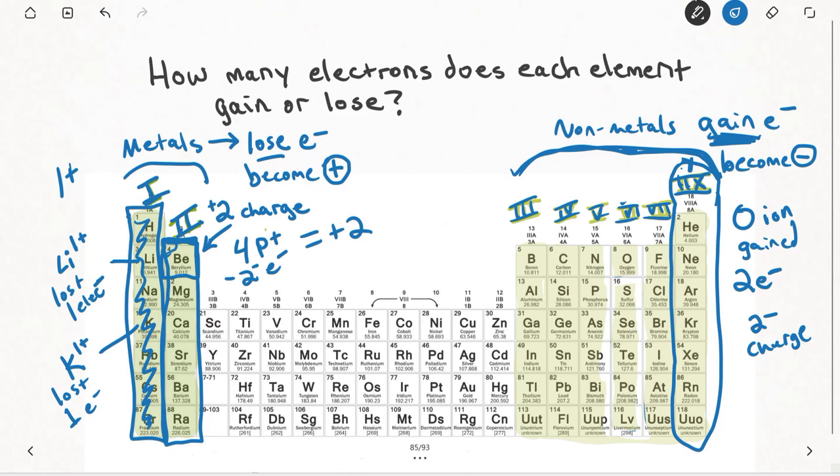Now let's do another one. Let's take carbon, for example. Carbon is right here. See the C. C stands for carbon. So we start at the very last column, column number 8, and we count back 1 column, 2 columns, 3 columns, 4 columns. So carbon is 4 columns back from column number 8.